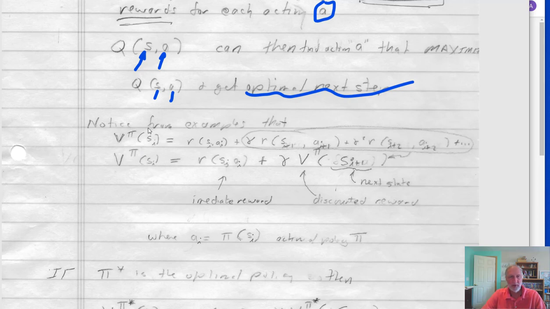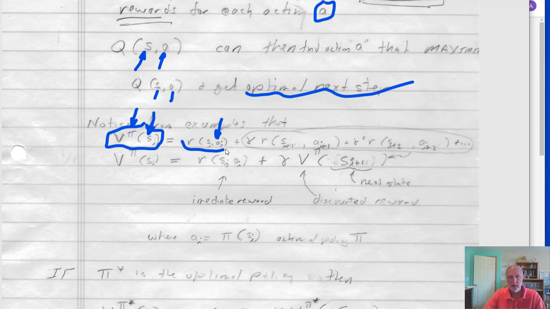Alright, so the first thing we need to recall is that the V function, if you remember, for a given policy pi, and we're in a state Si, the way we calculated that last time with our example is you are in state Si, you take an action Ai that's given by the policy pi, because pi tells you what to do when you're in this state.